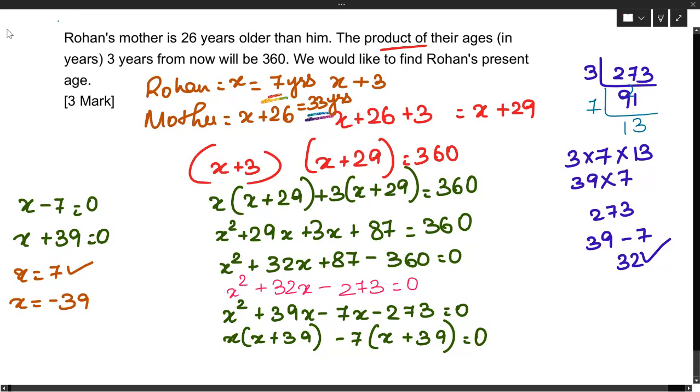Is it? Now you were talking about which chapter was that? Coordinate geometry. Do you remember the distance formula there? Is it chapter 7?